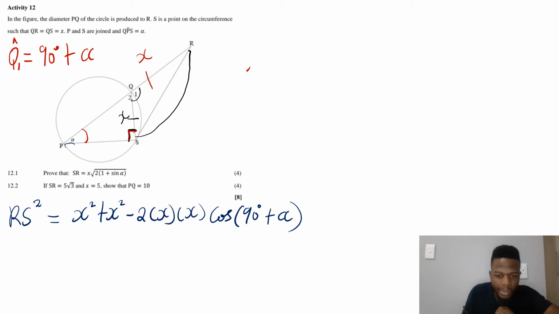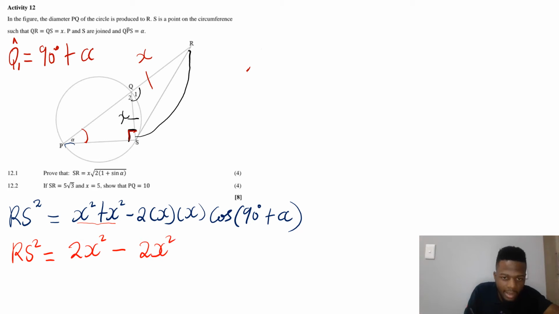I hope you all know the cosine rule. Then RS squared is going to give us 2x squared minus, also here we have 2x squared, and then this one is a co-ratio. If you check, this angle is in quadrant number 2, 90 degrees plus angle, so it means cos has to produce a negative result.